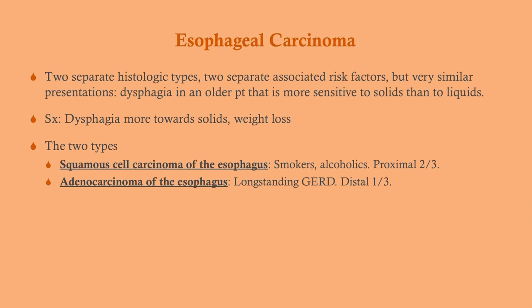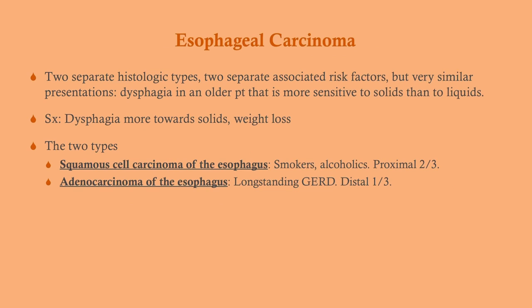Esophageal cancer. Now, there's two separate types of esophageal cancer, which you probably remember from step one. They have very similar presentations because the presentation is due to the blockage. Now, you can have other symptoms consistent with cancer, like anemia, and you can have weight loss, but that's going to be the same in both of these cancers.